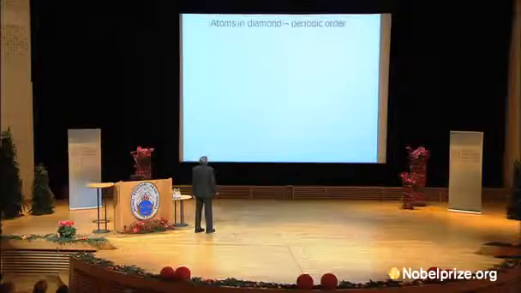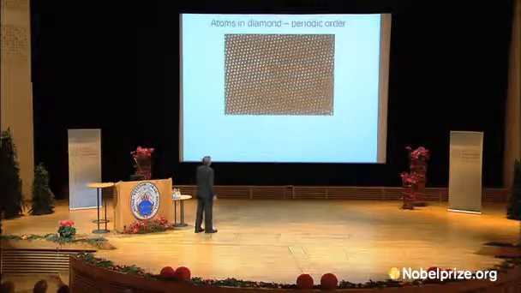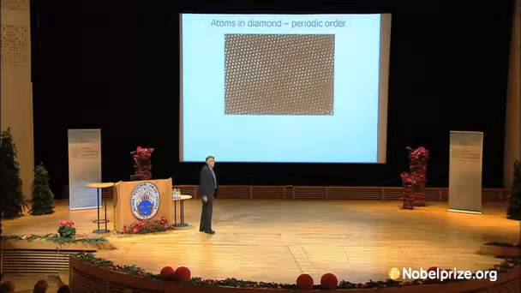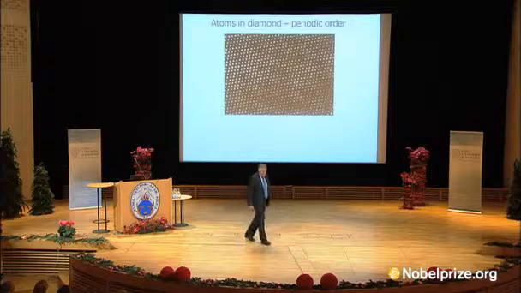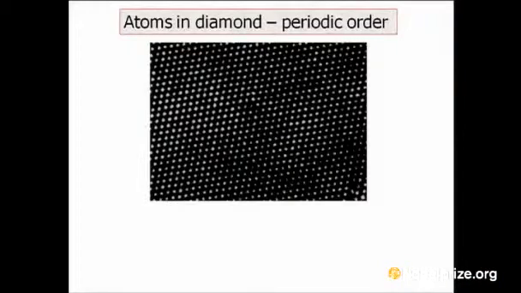This was the science. And then let's look here at atoms in a crystal. This is a high-resolution picture of atoms in diamond that I took years ago. What you see here are the actual atoms, and you see the order, and you see the periodicity. Everything is nice and really easily understood.